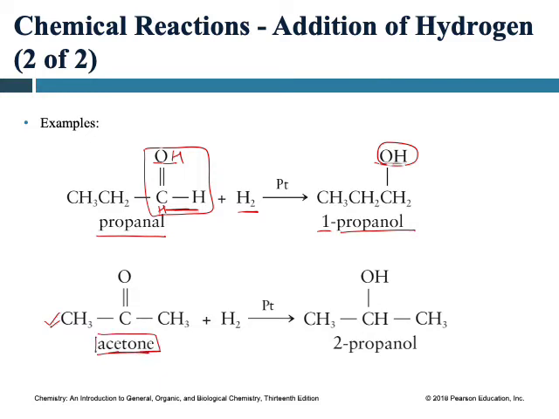When you reduce in the presence of platinum by adding hydrogen, because this is a ketone, you're gonna get secondary alcohol. Put one hydrogen on the top, one hydrogen on the bottom, and you get secondary alcohol. So if you know which kind of functional group you have, aldehyde or ketone, you know what the reduction product should be, whether it's primary or secondary.